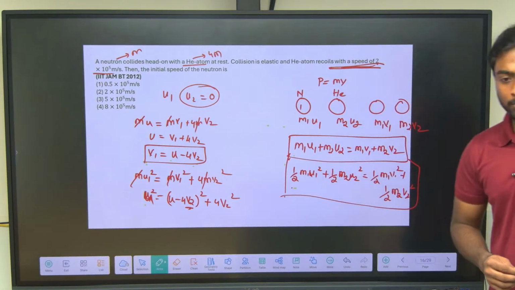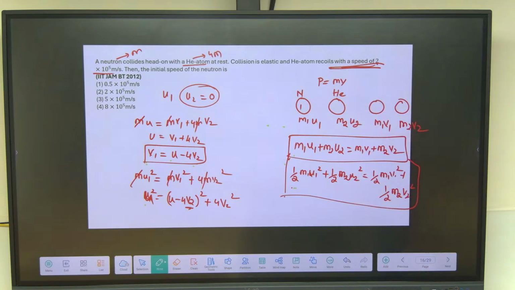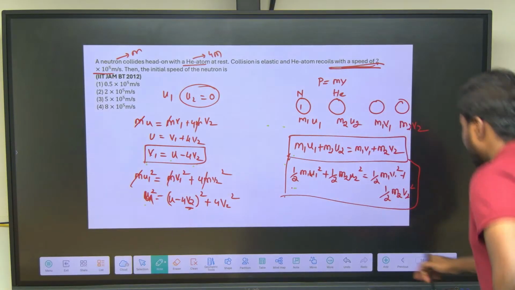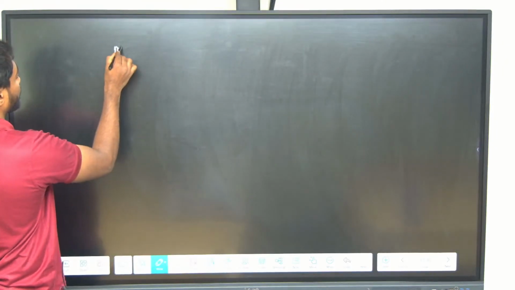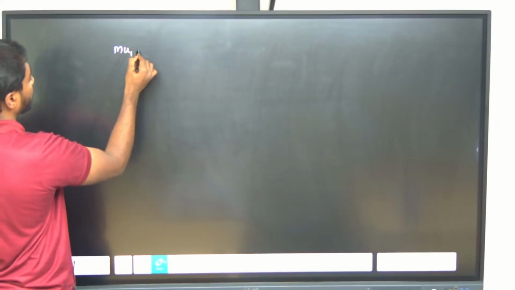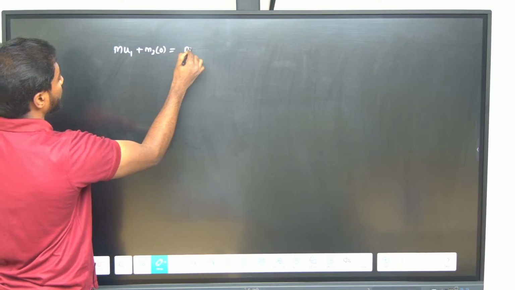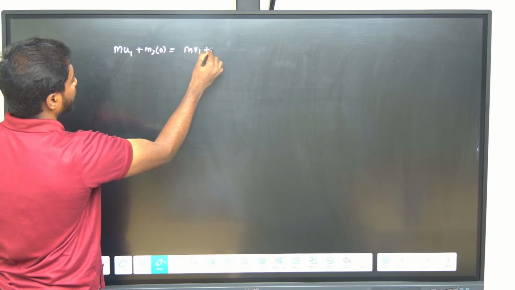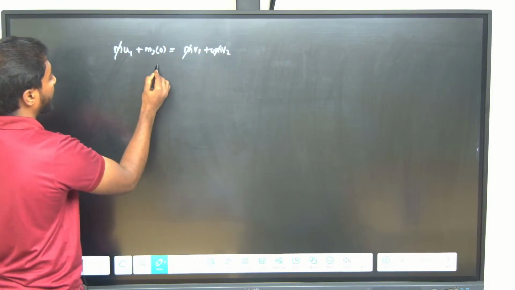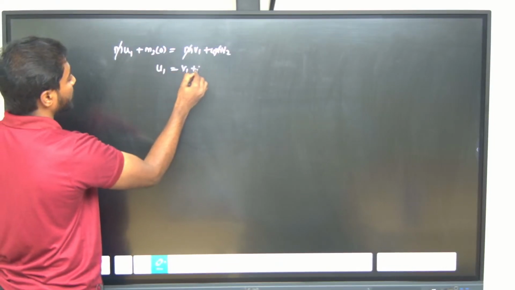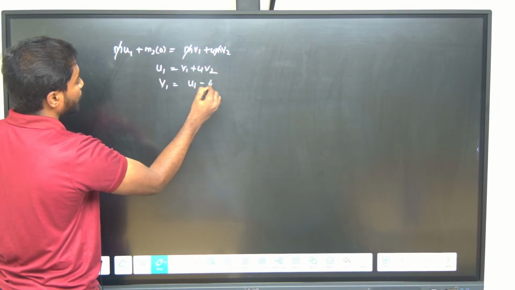You got the points, no? So m u1 plus m2 into 0 will be equal to m v1 plus 4m v2. m gets cancelled, u1 will be equal to v1 plus 4v2. So v1 will be equal to u1 minus 4v2.